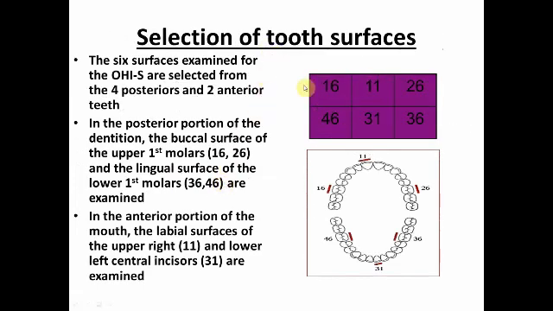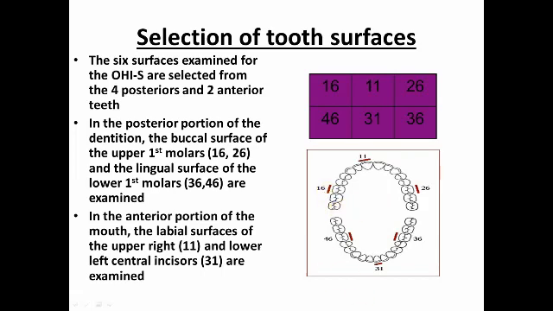Here we choose specific teeth, for example, tooth number 16, 11, 26, 46, 31 and 36, as it's clear in the figure here.